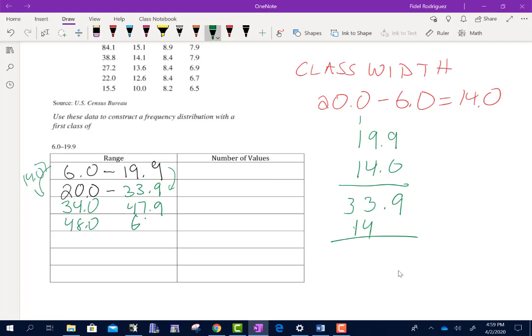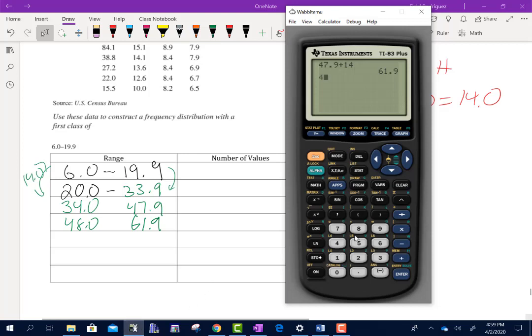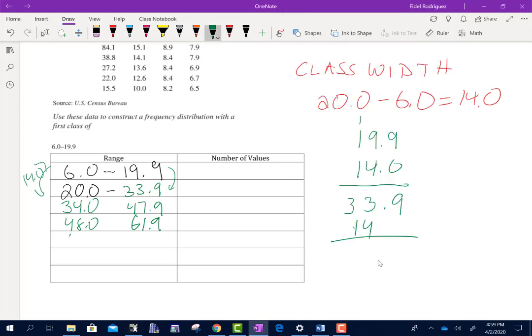And I'm going to let you know, guys, when I'm going to stop, okay? So let's try that again. So now we have 48. We're going to add 14. That's going to give me 62.0, right?